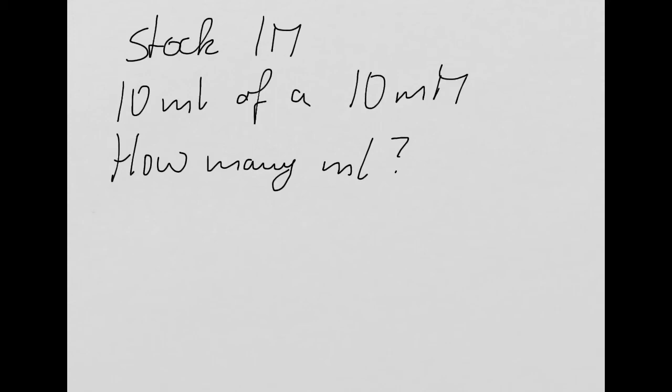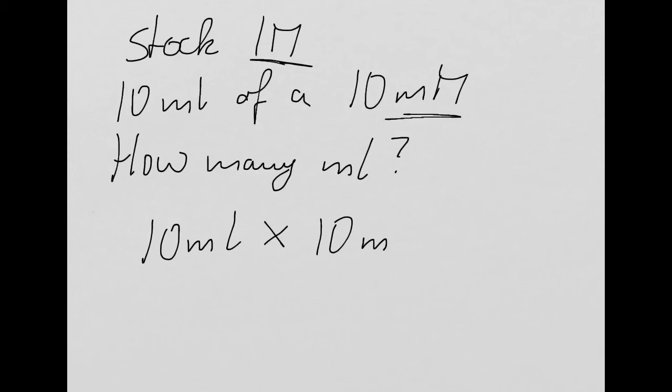Now, the horrible thing in this case was I have given you a molar, but I want a millimolar. So we can still write what we want. So I want 10 milliliter of a 10 millimolar solution.